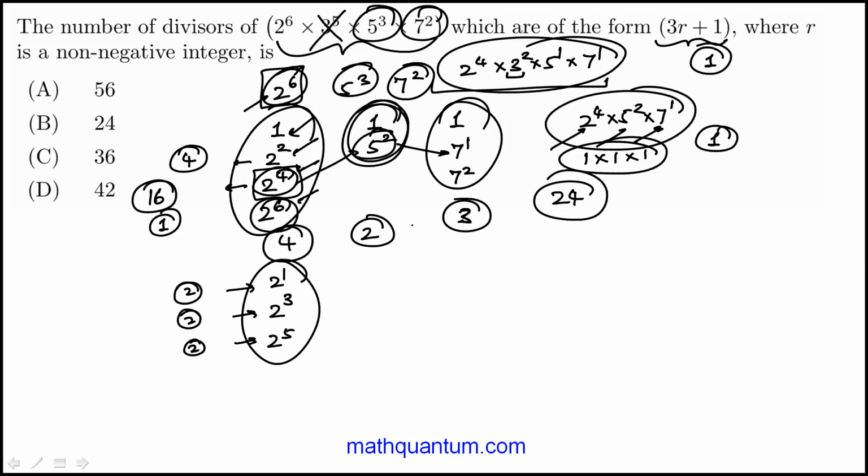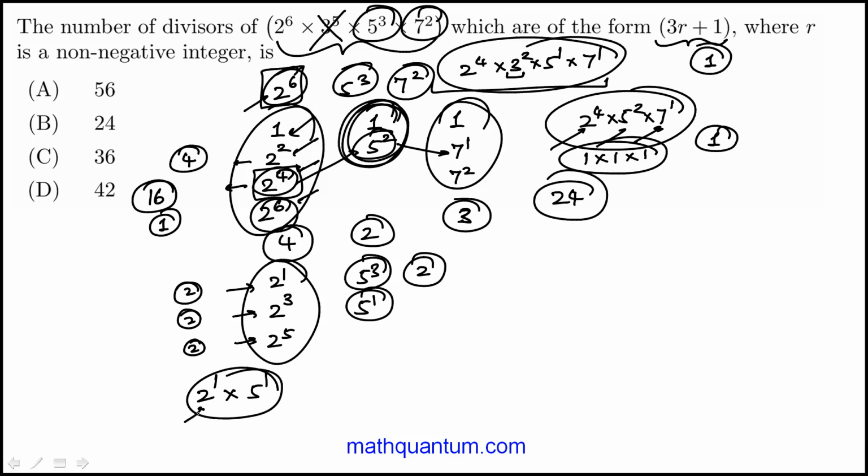Now when we come to powers of 5, the one that we didn't consider so far is 5 cubed, which gives you a remainder of 2. And when you multiply those 2 numbers, for example, 2 to the 1 times, actually I have to also consider 5 to the 1. So 2 times 5 to the 1, you'll notice each one when divided by 3 gives you a remainder of 2. So if you multiply the remainders, that gives you 4. And then if you divide that 4 by 3, you get a remainder of 1.